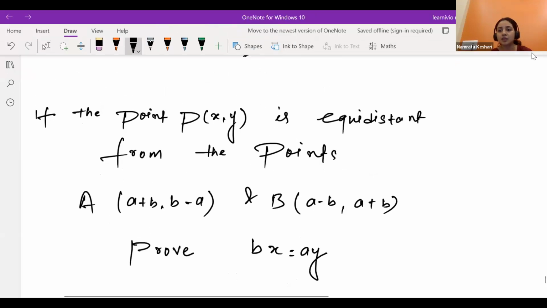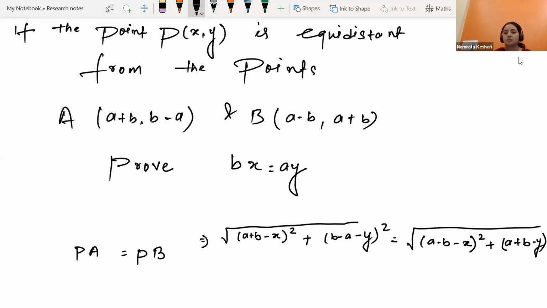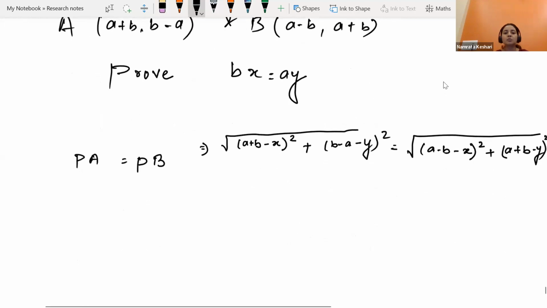Similarly for PB, x2 minus x1 whole square, x2 is a minus b and x1 is x, plus y2 minus y1 whole square, y2 is a plus b and y1 is y.